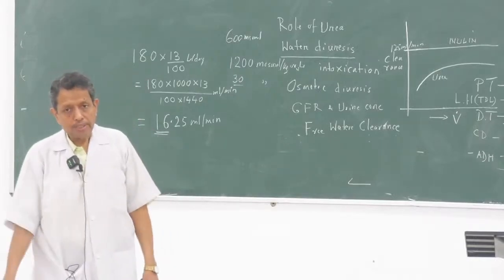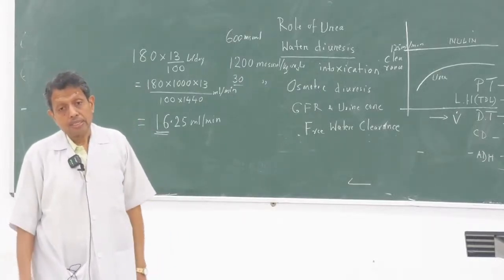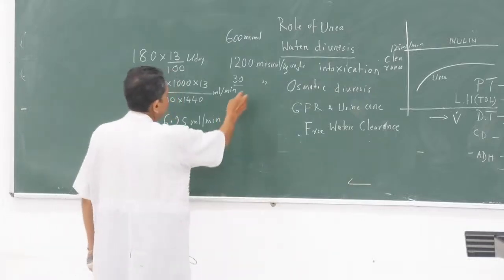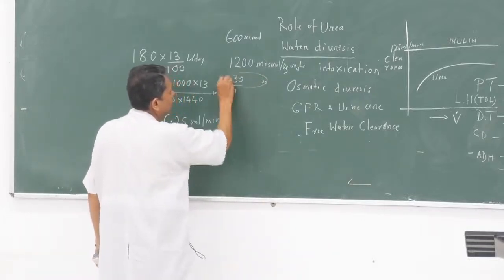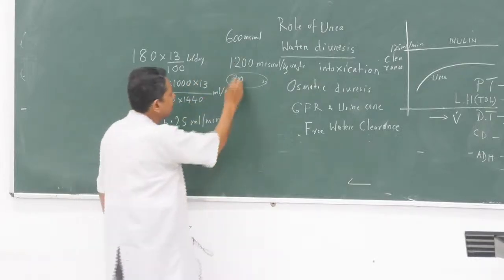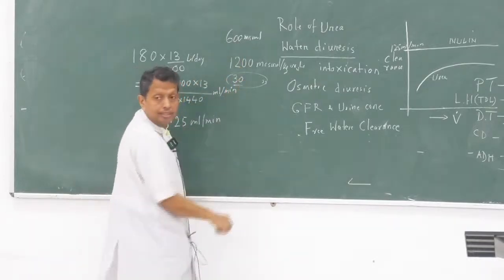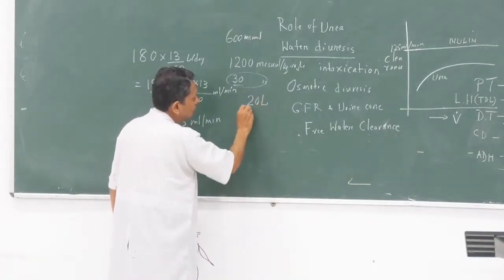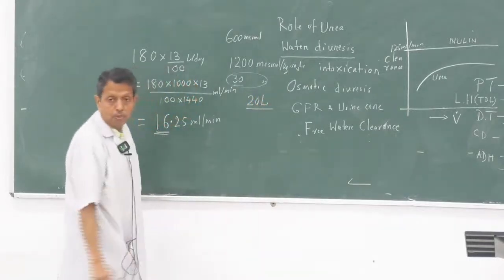Nitrogenous substances will accumulate, uremia will take place. On the other hand, if you consider this milliosmol is the maximum value, then 600 divided by 30 per day, 20 liters of urine can be produced.